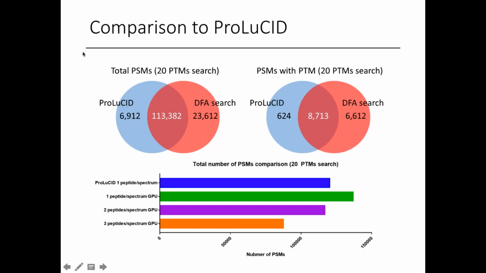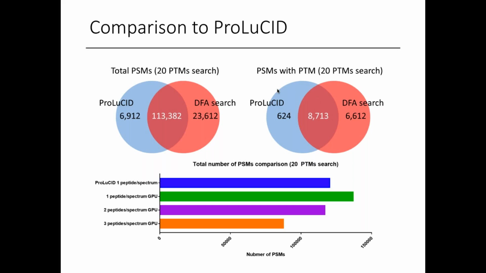And when we look at only the PSMs with PTMs, the DFA search did a much better job, identifying almost 15,000 PSMs with PTMs, while ProLuCID was only able to identify around 9,000.